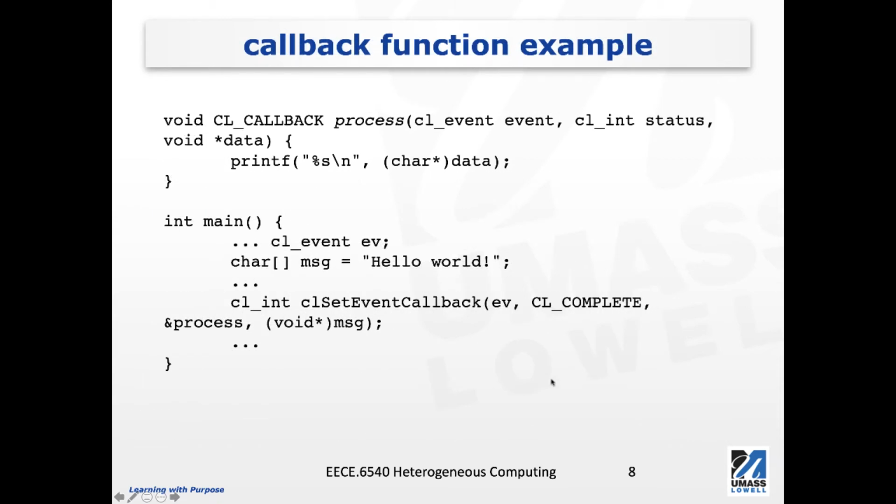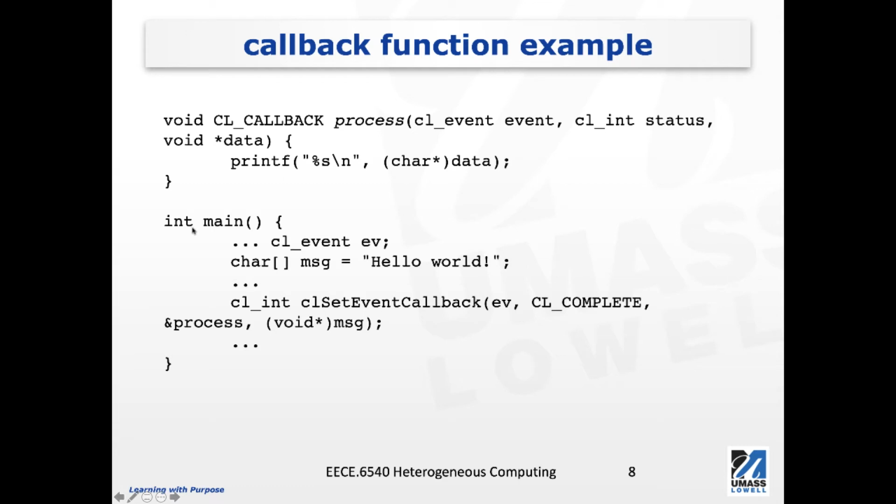Here's the complete example. We first declare the callback function as void CL_CALLBACK, the name of the callback function as process, and then we take three arguments: the event, the status of the event, and then data. In this case, we use data to pass in any reference to the parameter data.